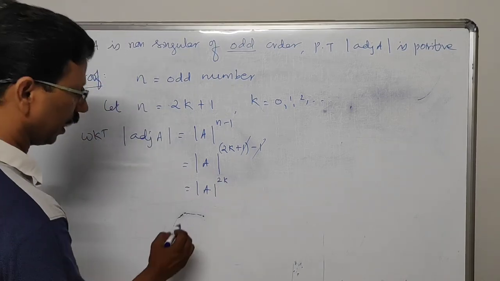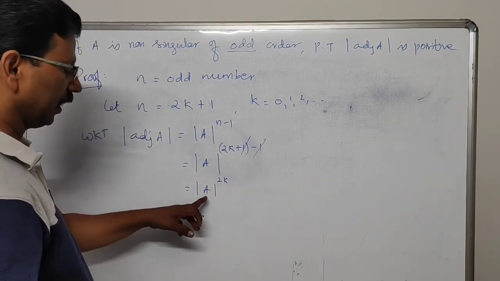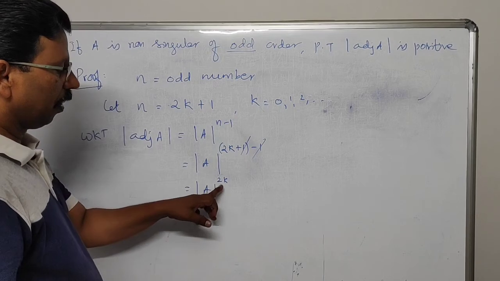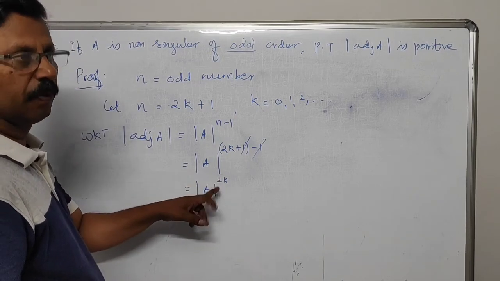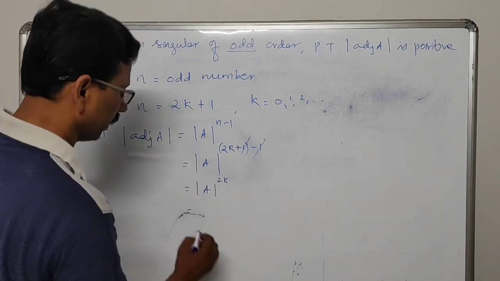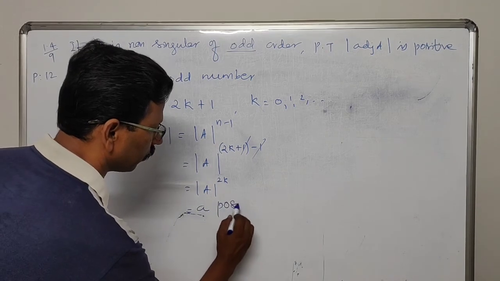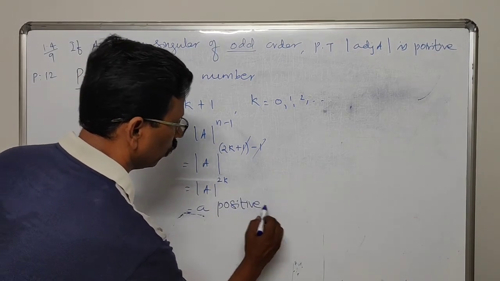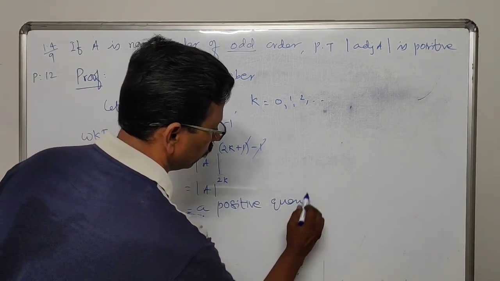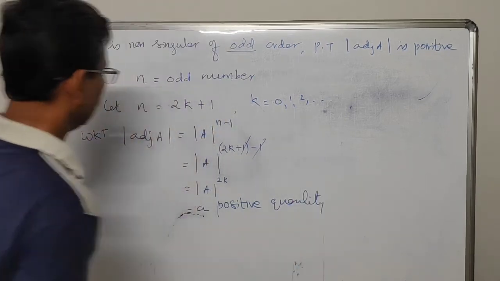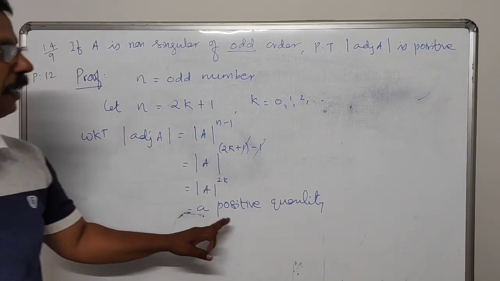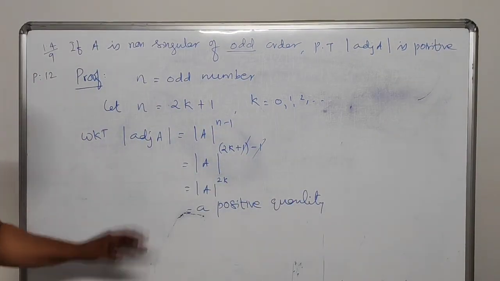Whatever be the value of determinant A, whether negative or positive, the power is an even number, which means you get only a positive number. Therefore it is a positive quantity. Hence we can say the determinant of adjoint A is a positive quantity. That's all.